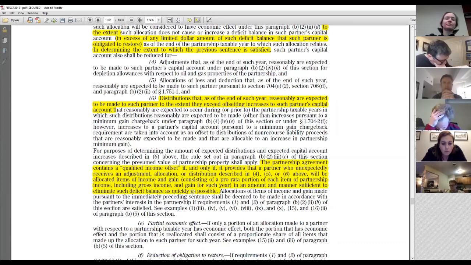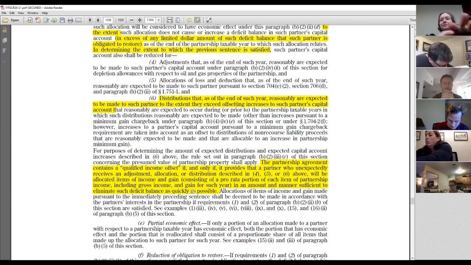So it's like code red, this partner is impermissibly negative because of this unexpected distribution. We're going to allocate to that partner positive items, including items of gross income if we don't have enough net income, as quickly as possible to get the partner back up to 0, or if they have an LDRO, the LDRO amount. So we're going to scramble and fix it as quickly as possible by driving allocations of income and gain to the partner who is now impermissibly low.